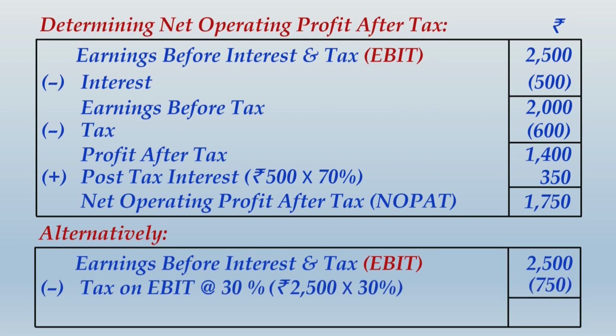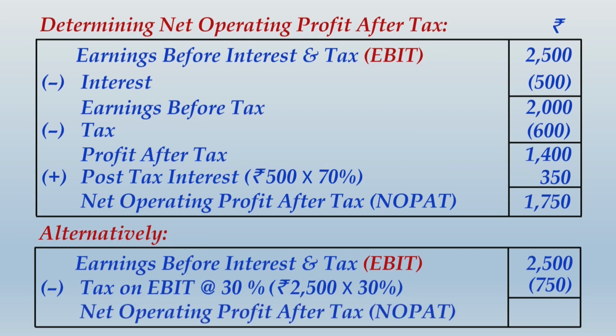So tax on EBIT, that will be 30% of rupees 2,500, it would give you 750, and when you subtract 750 from 2,500, you get net operating profit after tax, same amount as you got earlier. So in exam you can follow any approach. Obviously the second approach will be much easier and quicker, which we would prefer doing ahead.